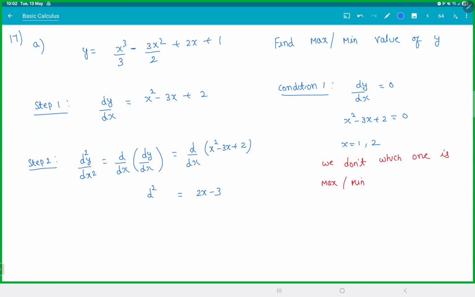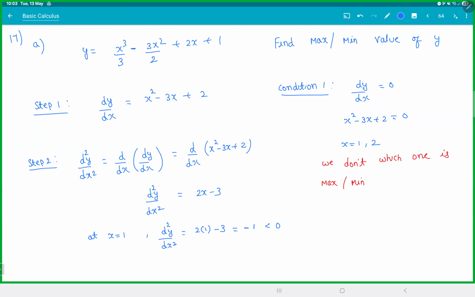This is your double differential. Now condition 2. At x is equal to 1, d square y by dx square, you have to substitute here. This will be 2 into 1 minus 3, which is minus 1, which is negative.